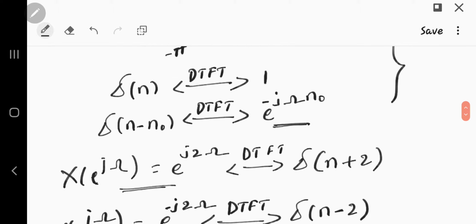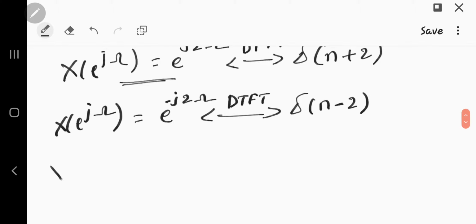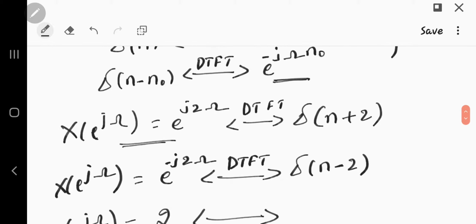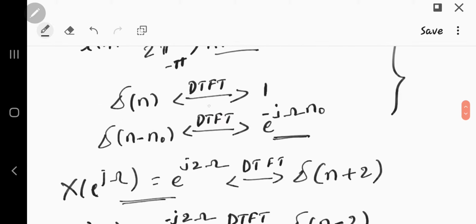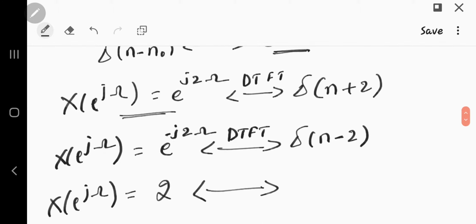Now in the third one, the value of x of e power j omega is 2. If DTFT is performed on delta n, you will get 1. Now if you want to get 2, you have to go for 2 into delta n. If the transformation is performed on 2 into delta n, you will get this.